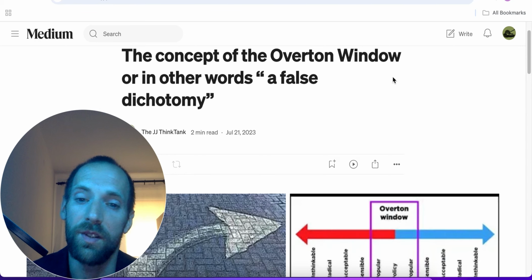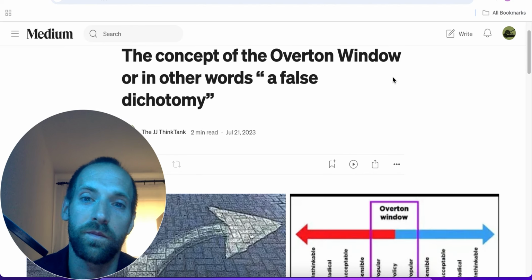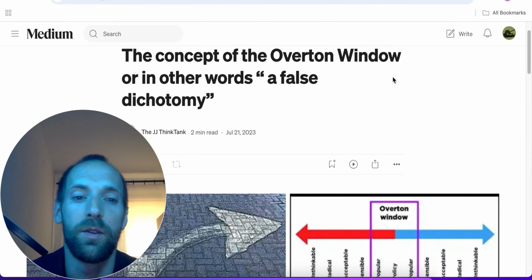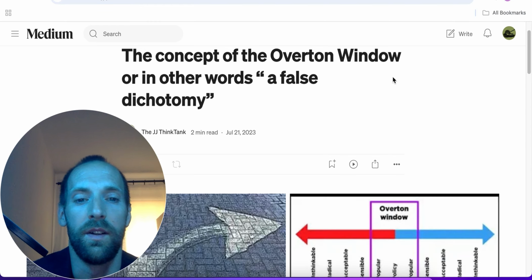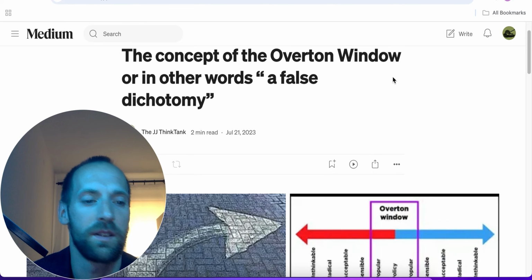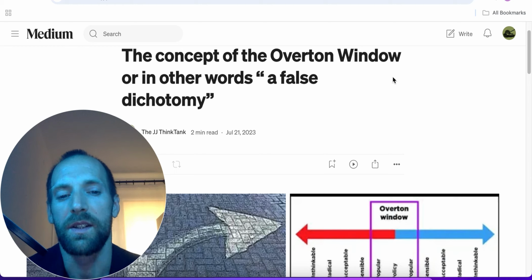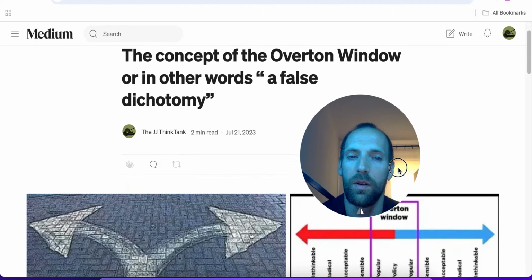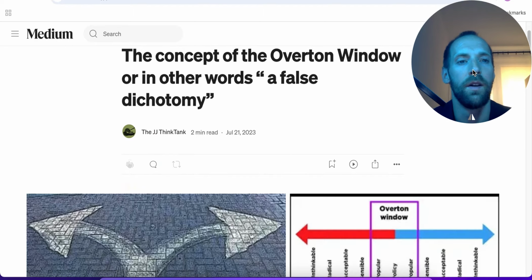I think this is a brilliant concept that we can apply in order to understand what's going on, in order to question any given narrative, and to start thinking outside the box. And I provided a couple of examples in my article here, and this will flesh out the concept even further.